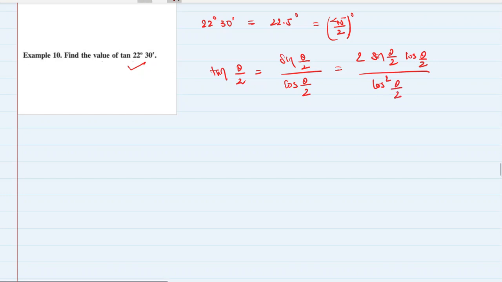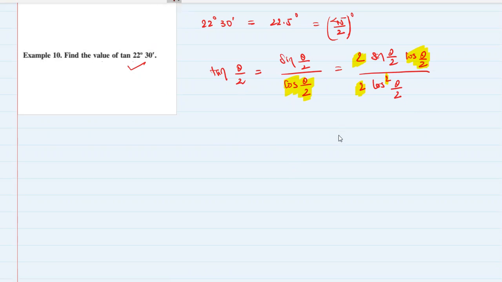Now what I've done is I have multiplied 2 in the numerator and denominator, and cos theta by 2 in the numerator and denominator. If you see, there was cos theta by 2. I multiplied one more cos theta by 2 in the denominator. That's why I got 2 cos square theta by 2. Why did I do this? I have done this in the earlier questions also to make this easy.